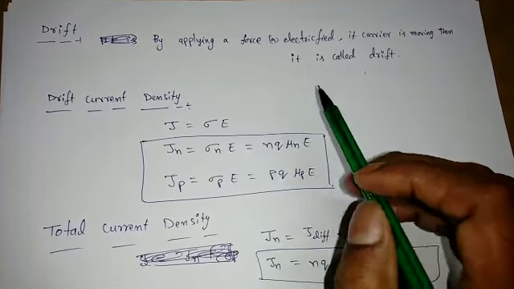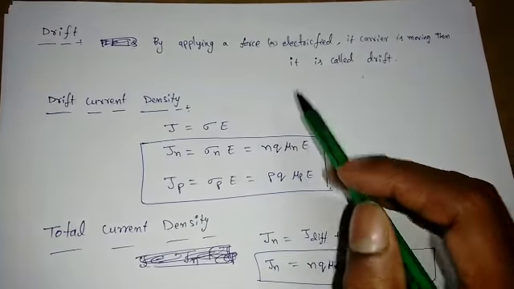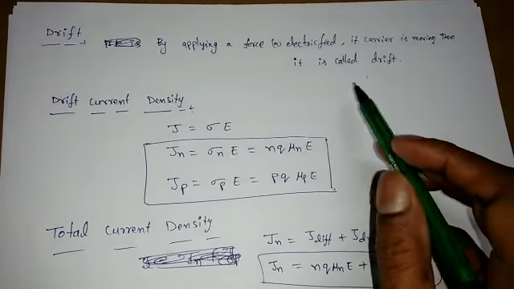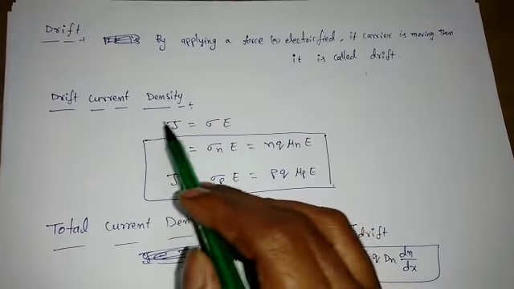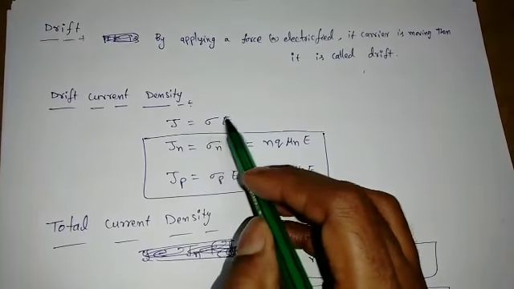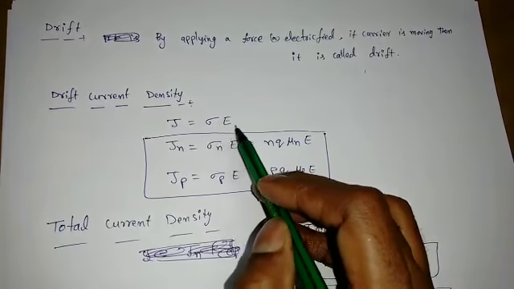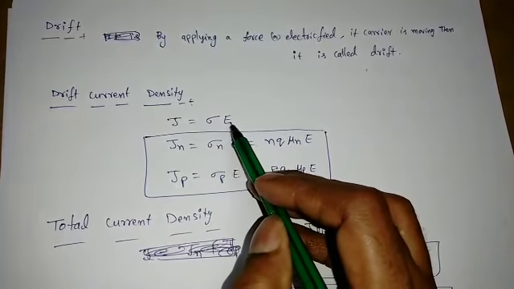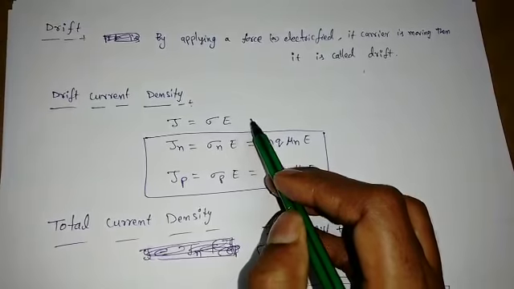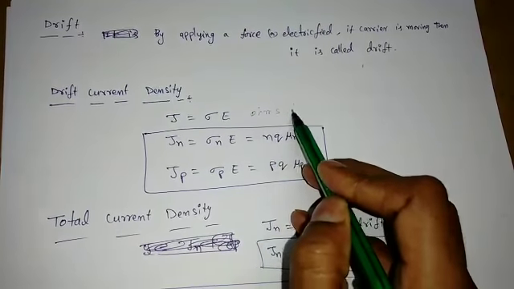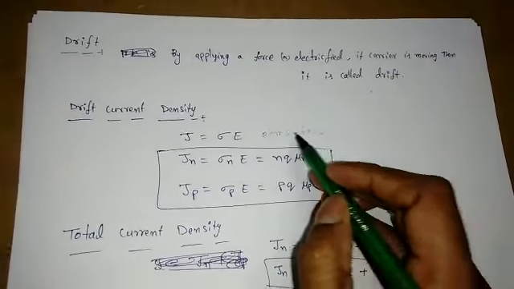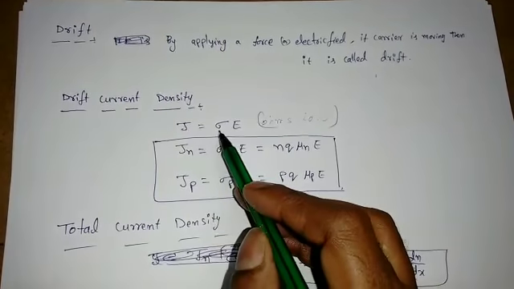Drift means we have to apply some external force. So the drift current density is J is equal to sigma into E. This is directly proportional to the applied electric field, so it is like Ohm's law. Here sigma is conductivity.